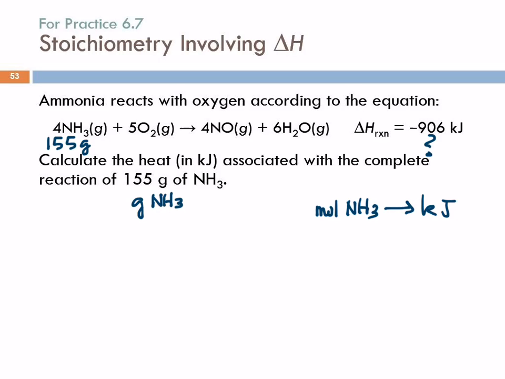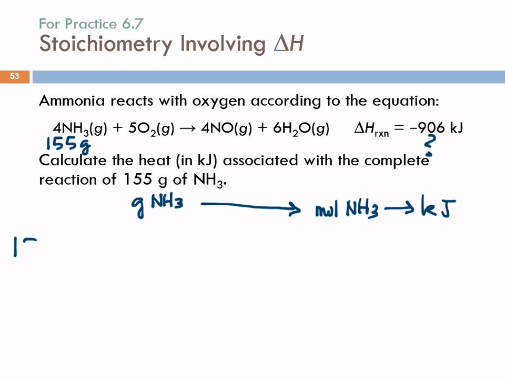Well, we know how to do molar mass calculations, and so if we have grams, we can convert to moles. Now, this is a little bit of a shortcut because we don't have to go grams to moles to moles to grams, because this relates directly to molar amounts of any of these. So there's still moles involved, but we just have to look at the one substance.